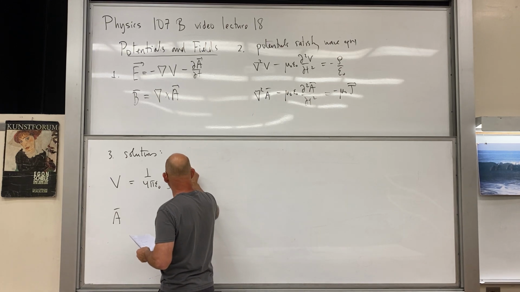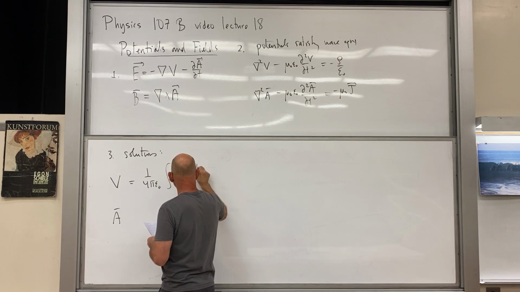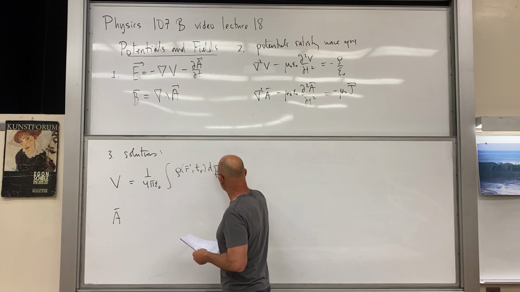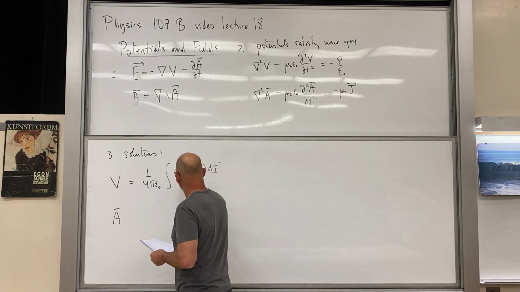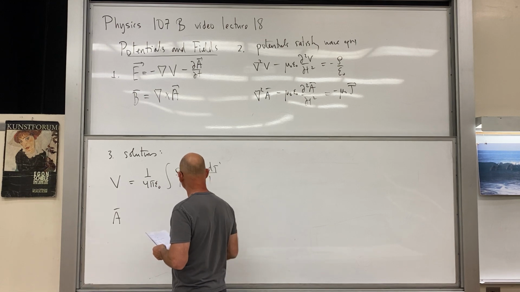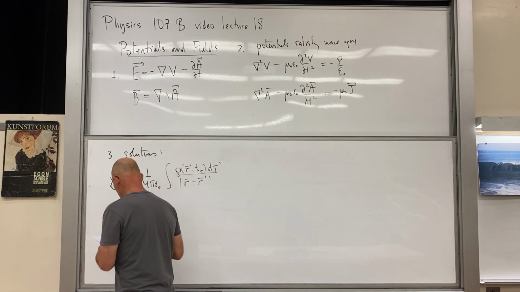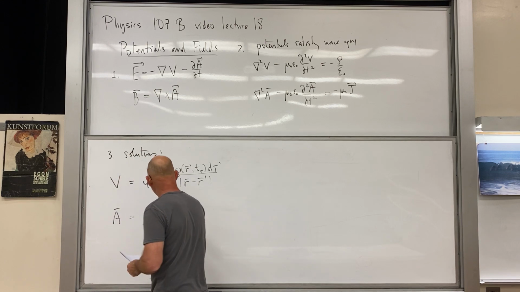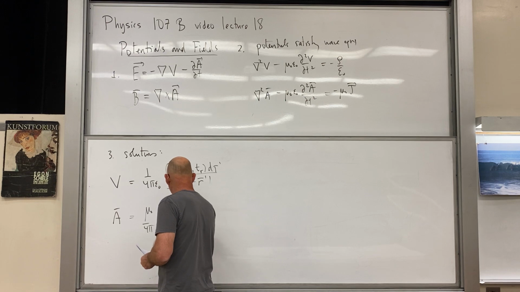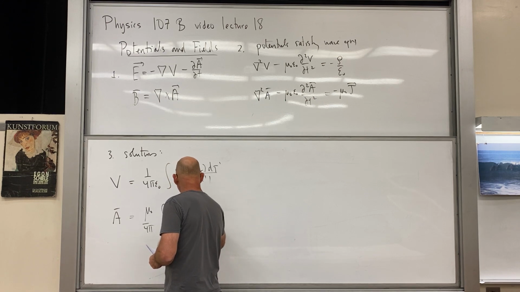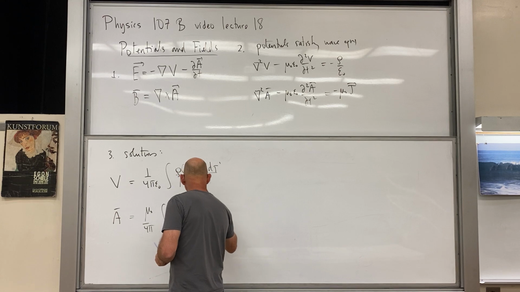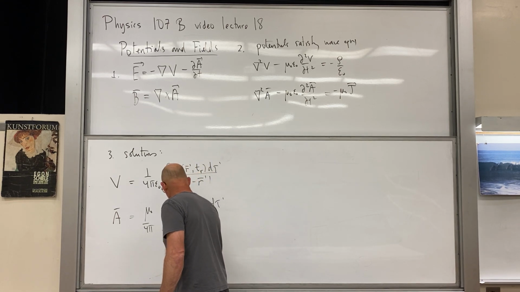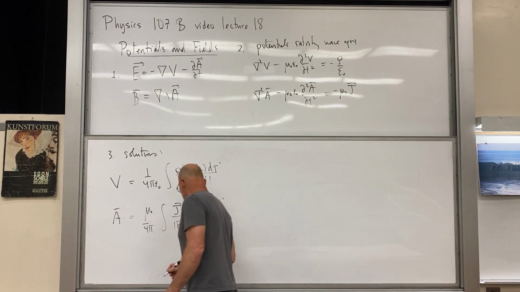So we had rho of r prime and t sub r, which I'll define as the retarded time, d tau prime over script r, where script r is r minus r prime. And A is mu naught over 4 pi times the integral of J, again at r prime and t retarded, d tau prime, also over script r.